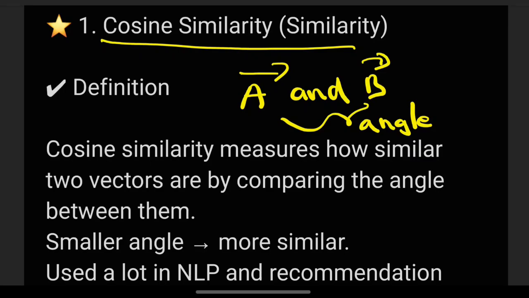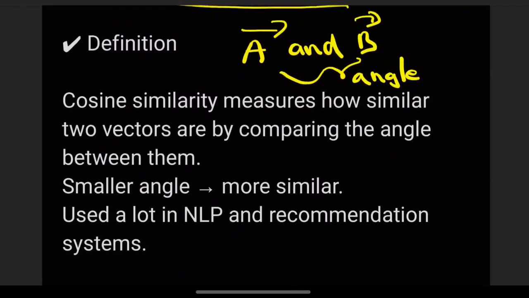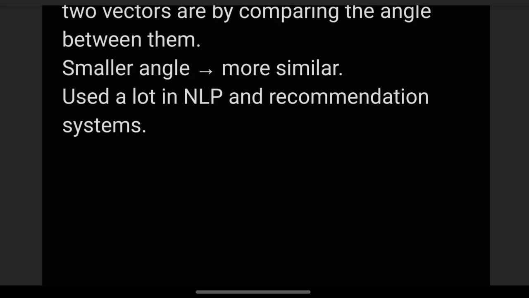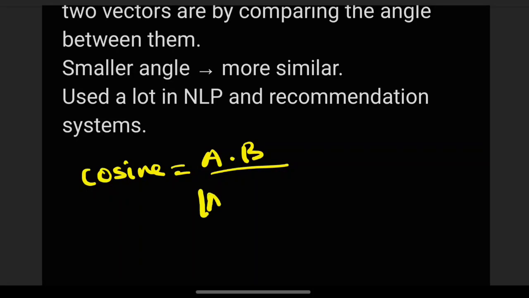Now moving on to one practical example. Cosine similarity is written as A dot B divided by magnitude of A times magnitude of B.